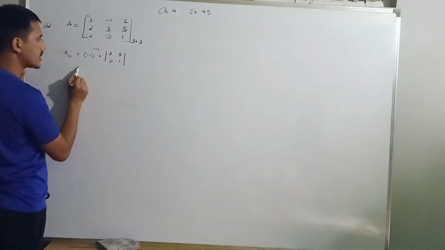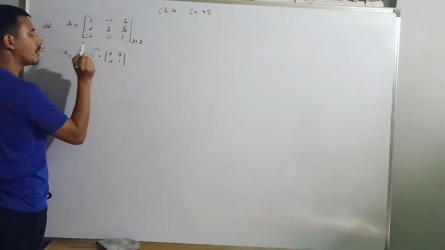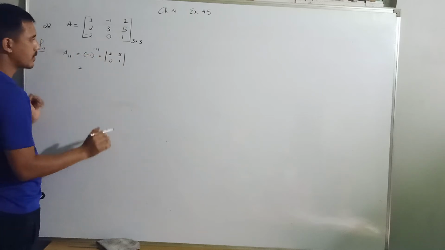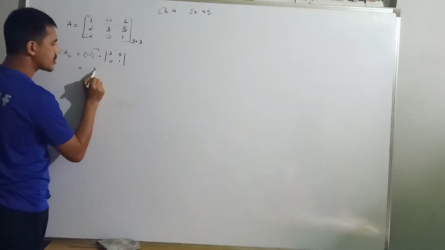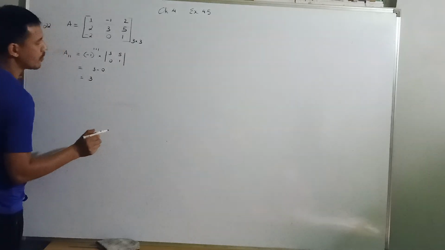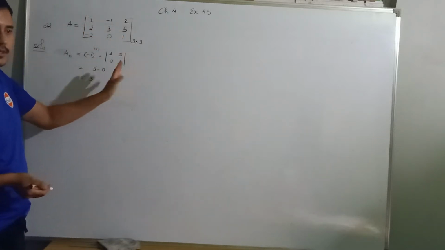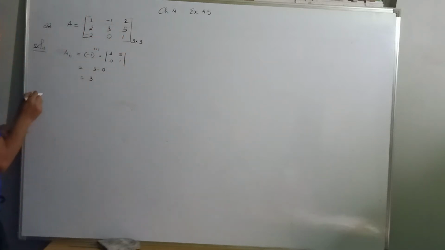So that is equal to minus 1 to the power 1 plus 1, which is minus 1 to the power 2, positive 1. So 3 times 1 is 3 minus 0, that is equal to 3. So we have obtained the cofactor of this element. Now, the same way we have to obtain the cofactor of all these elements. This is going to take a very long time.